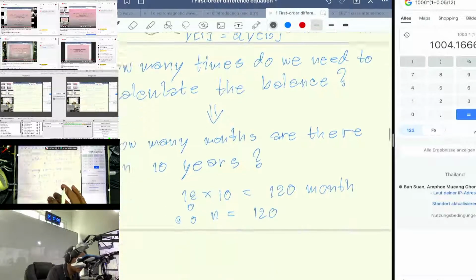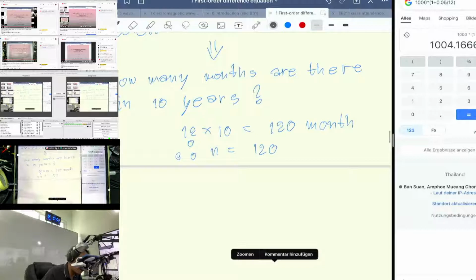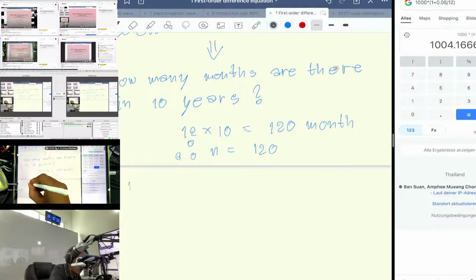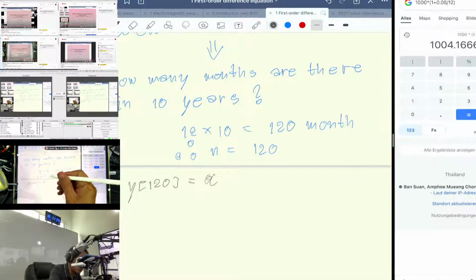So we observe 120 months, so y 120 will be equal to alpha to n when n is 120, right, times y0. So y 120 will be alpha.